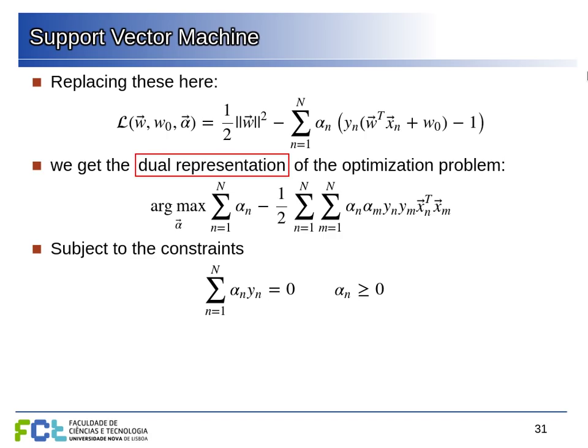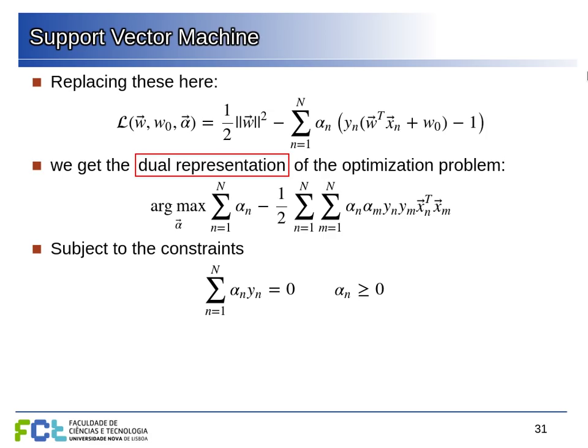And the expression is the sum of the Lagrangian multipliers, so we are trying to maximize the Lagrangian multipliers, but we are subtracting this term here, which includes the inner product of all the pairs of training points that we have, their corresponding classes, and their Lagrangian multipliers.